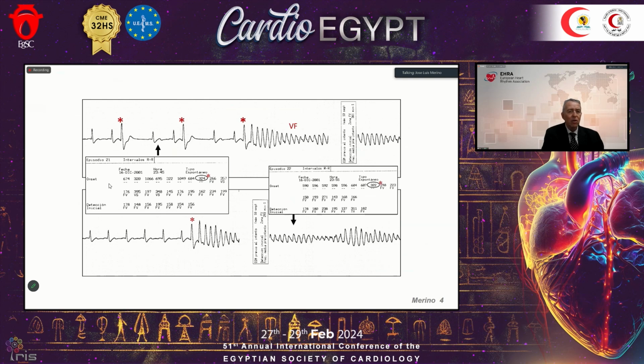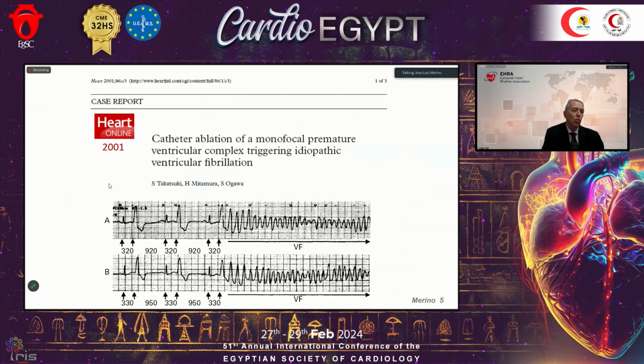So if you are able to get rid of this extrasystole, logically you may at least improve your patient. With this in mind, there was some initial experience. This was the first paper, published more than 20 years ago, ablating this trigger.